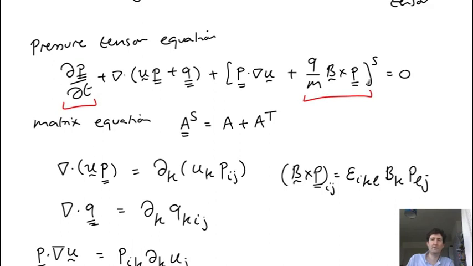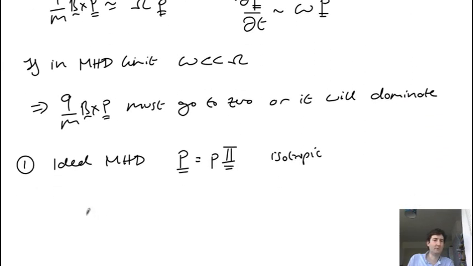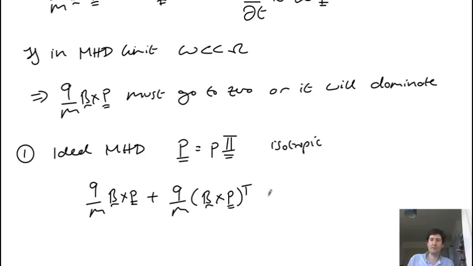So the terms that actually have to cancel are Q over M, P cross P plus its transpose, and this goes to zero if the pressure is isotropic.